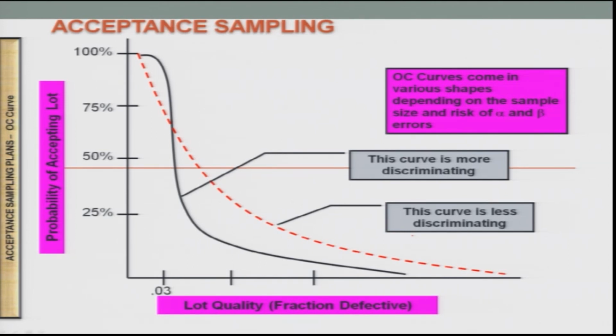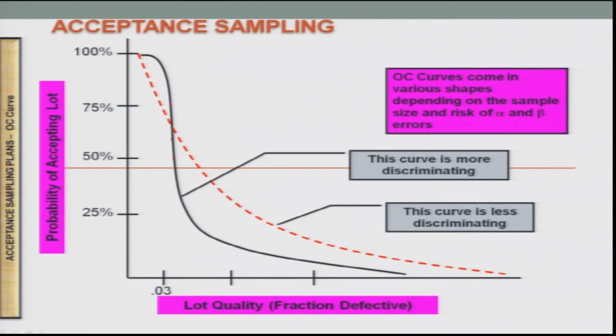The curve shown here, the black one where I am hovering my pen now, is the quality characteristic curve. Another curve, the red one, which is dotted, is shown like this. So there are two theoretical graphs which have been drawn, and they would depend on the values of capital N, small n, c, and the distributions which you have.